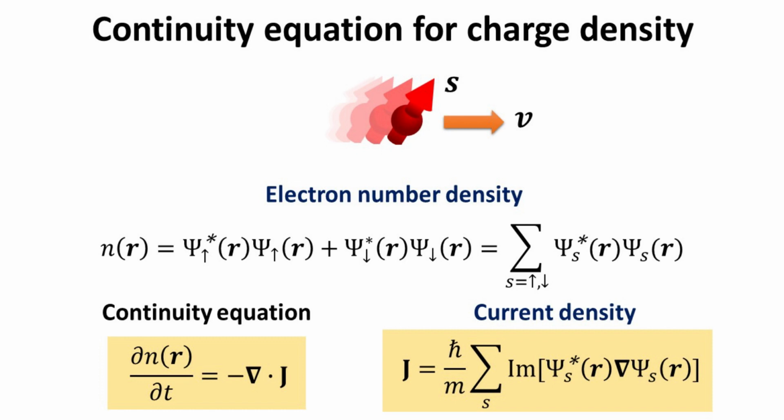The continuity equation shown here provides an accurate description of charge conservation. Because each electron carries a quantum of charge, conservation of electron number is equivalent to the conservation of charge. However, does charge conservation also mean spin conservation? After all, electrons also carry spin. Let's have a look at it.